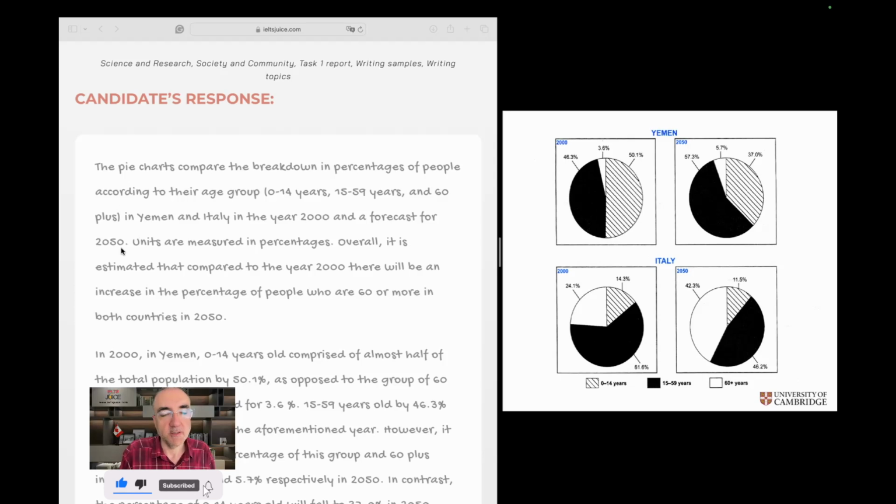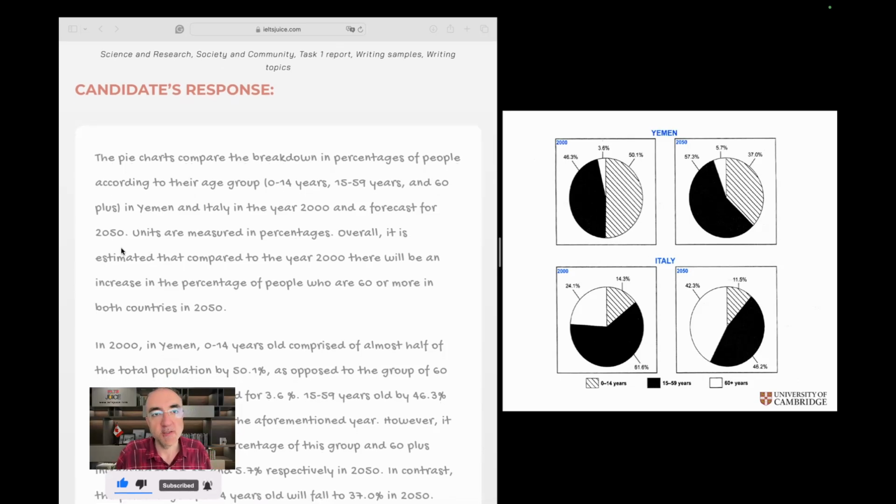It starts by saying the pie charts, plural, compare the breakdown and percentages of people, correct, according to their age groups, 0 to 14 years, 15 to 19 years, and 60 plus.